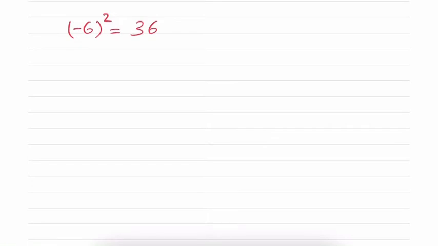Actually, when I ask you what is the square root of 36, then I'm asking you about the positive root of 36, which is 6. But when I write negative root 36, this means I'm asking you about the negative root of 36, which is negative 6.